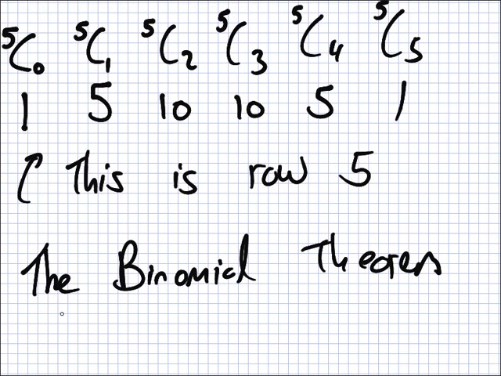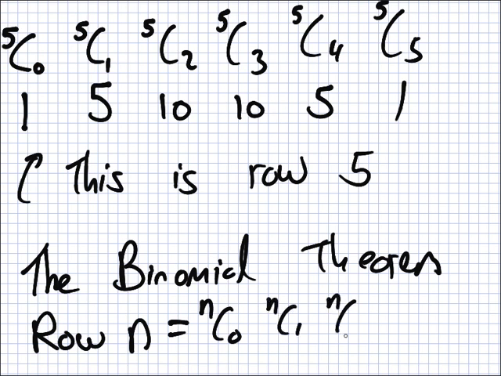The Binomial Theorem says that row n will equal nC0, nC1, nC2, etc. until nCn. Basically, you can use this C function to calculate the coefficients. Why is this a good thing? You don't need to write the triangle now. That's useful, isn't it?